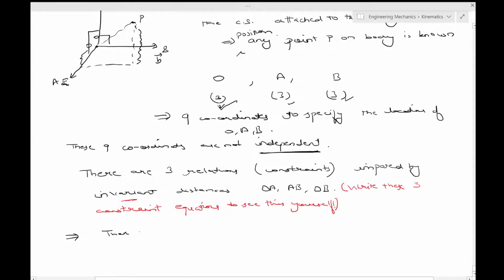There are only 6, which is equal to 9 minus 3, independent coordinates out of 9 coordinates.